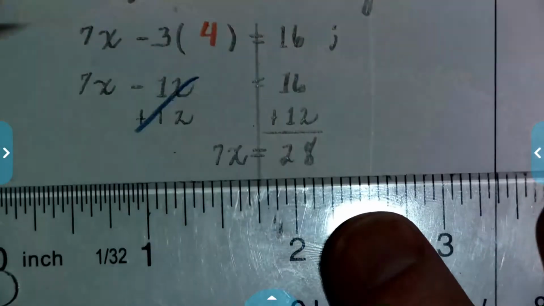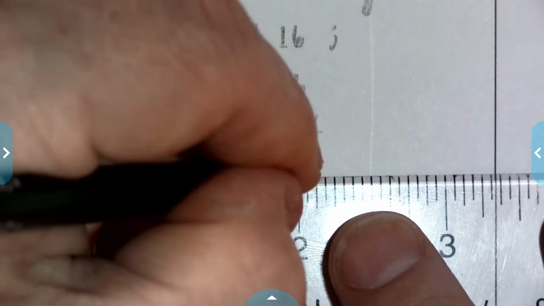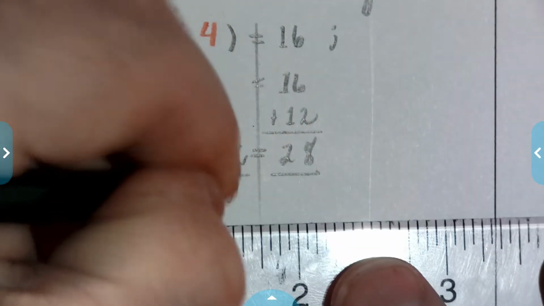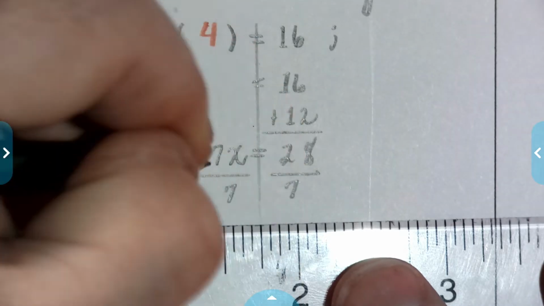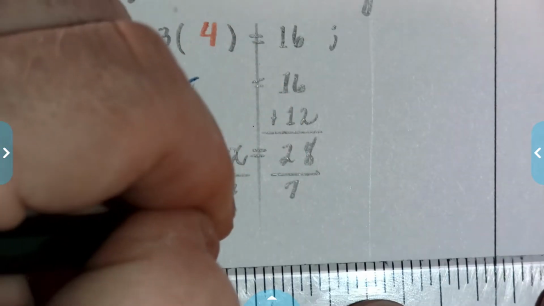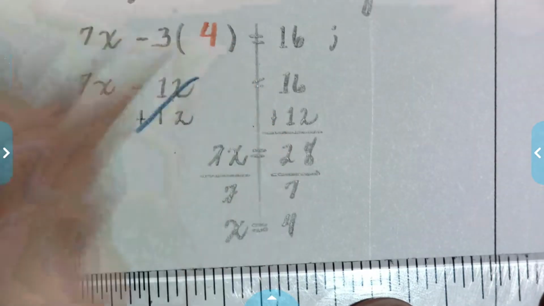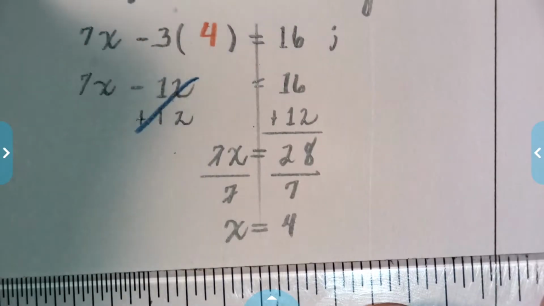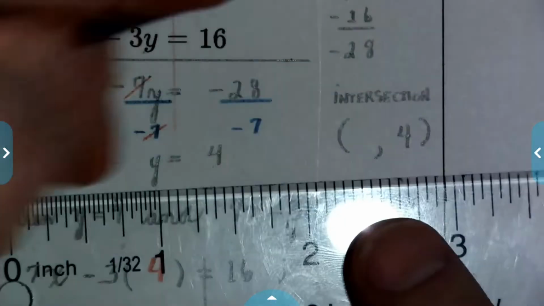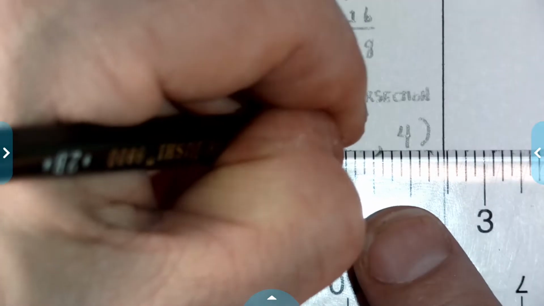Now dividing both sides by 7, I see that x equals 4.